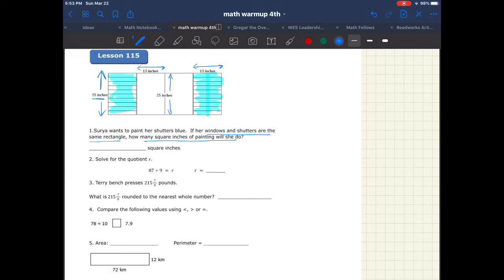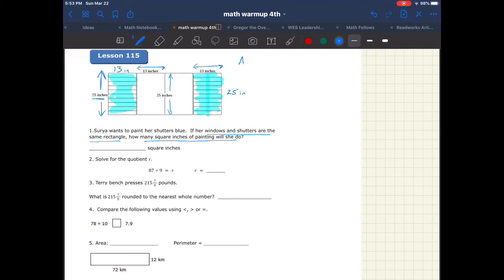They say the windows and the shutters are the same rectangle, so I think that lets us know that this shutter is also 13 inches, and this shutter is 25 inches tall, just like everything else.